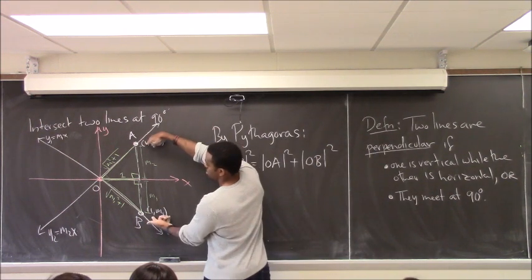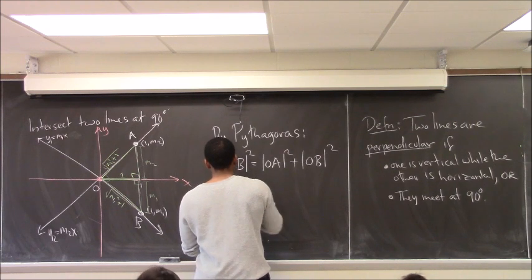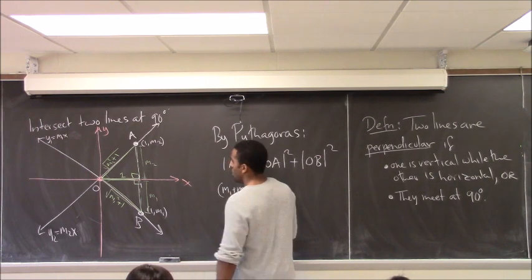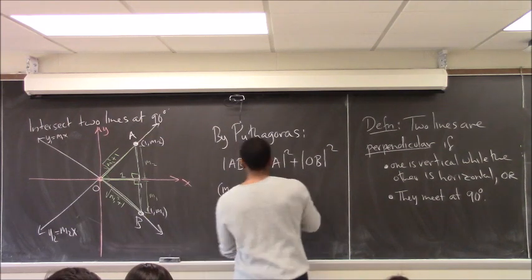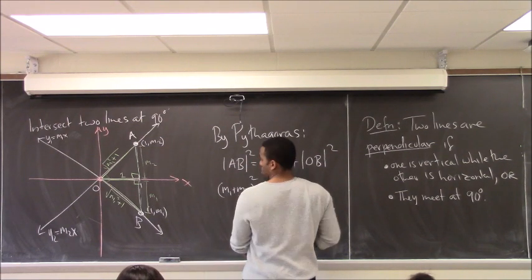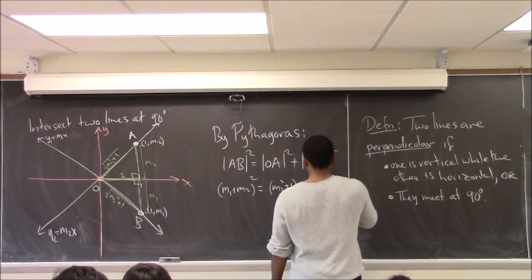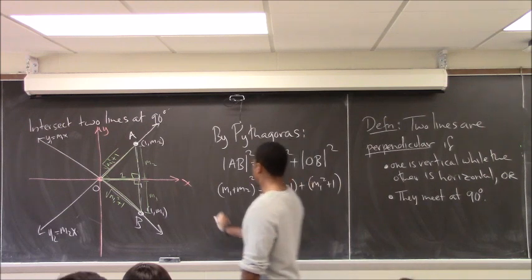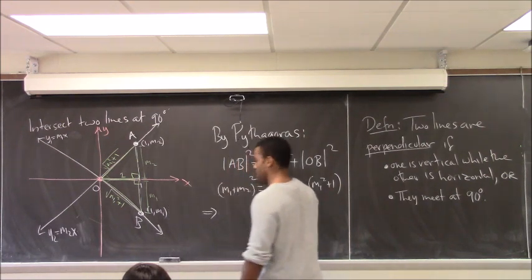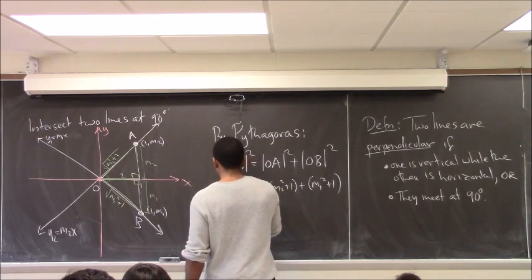AB is m2 minus m1. OA is this guy, square that. OB is this guy, square that. Expand this using the formula a plus b all squared is a squared plus 2ab plus b squared.